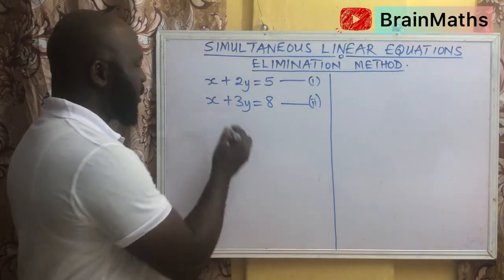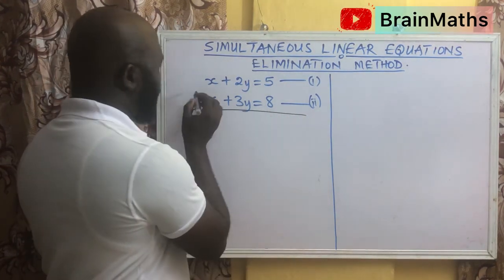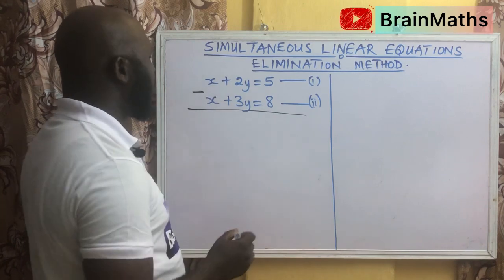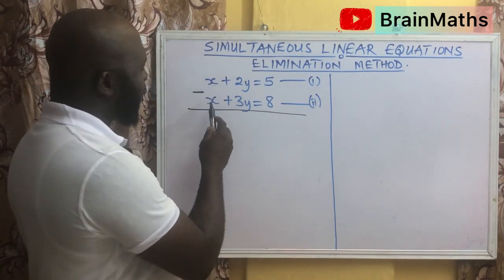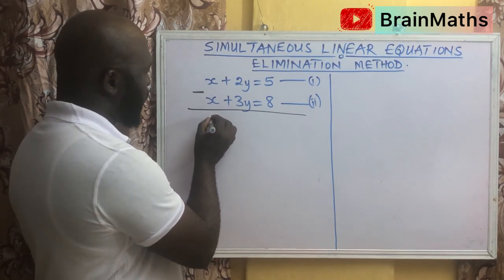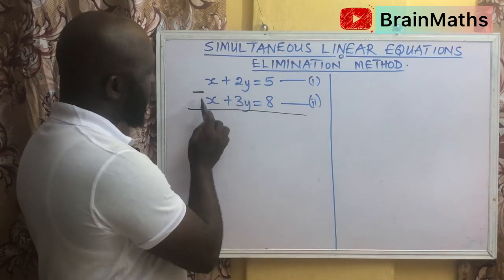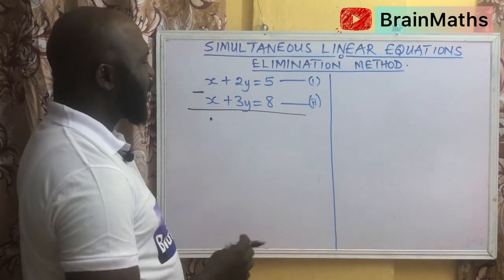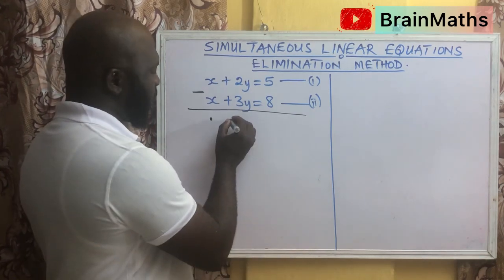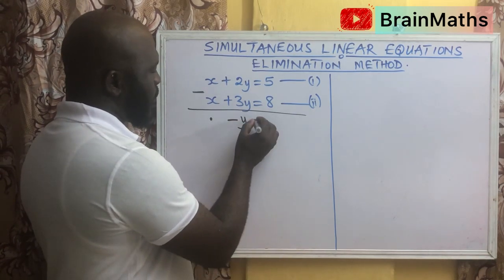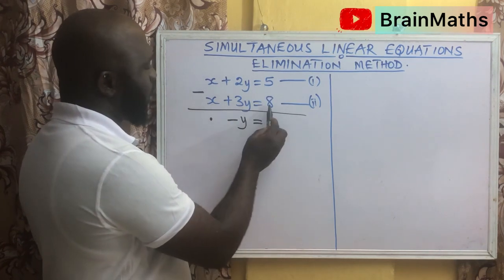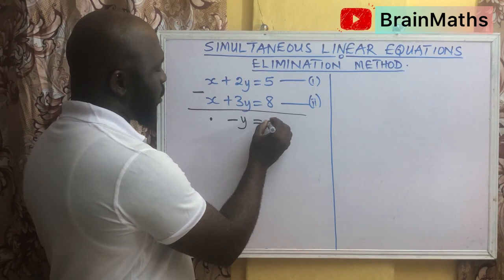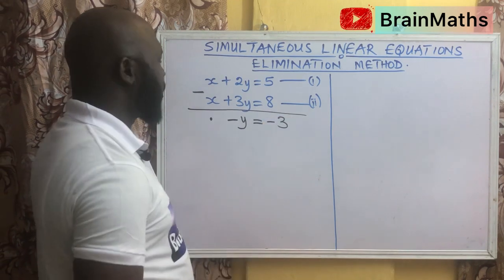So in that case, we subtract, and the solution is going to look like this. x minus x is 0. 2y minus 3y, that is going to give us minus y, which is equal to 5 minus 8, and that is also equal to minus 3.